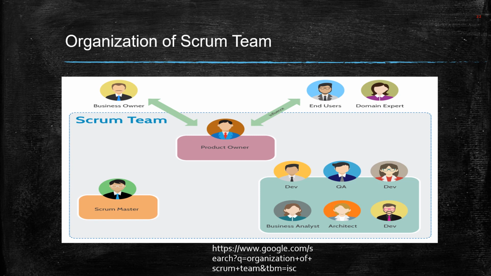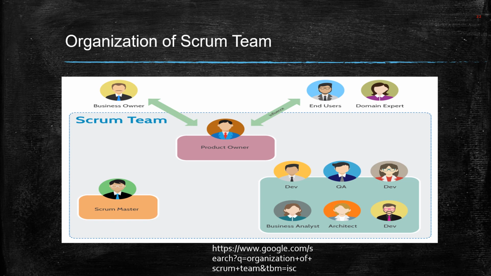This is the development team of the Scrum team. The development team contains the developer, quality assurance, business analyst, and testers. Here you can see the developer, quality analyst, business analyst, architect, and developer.